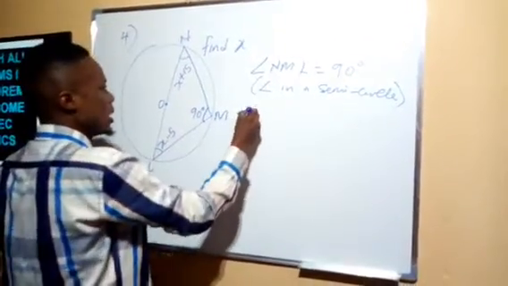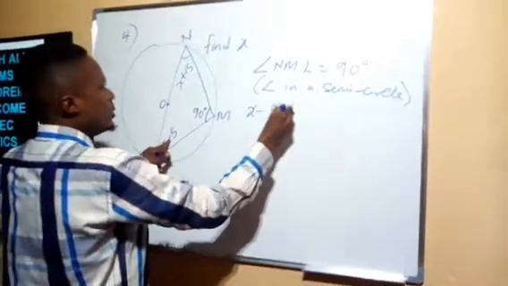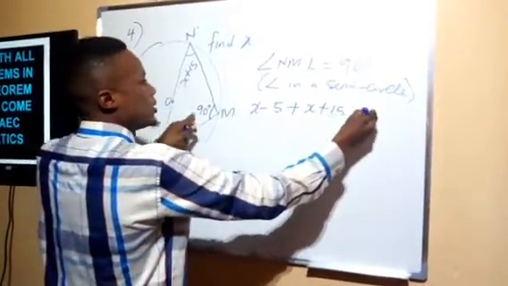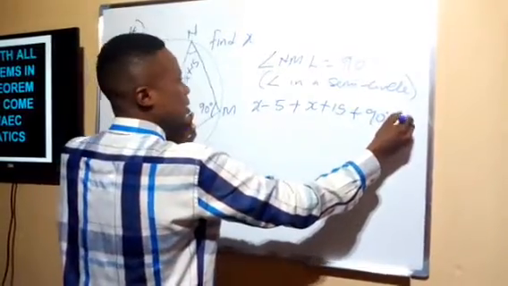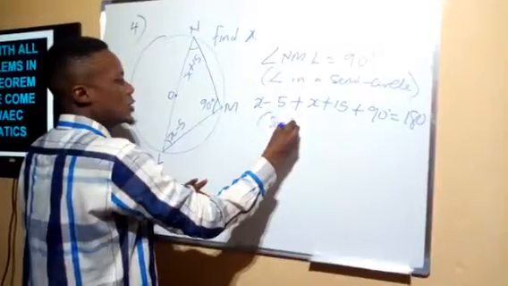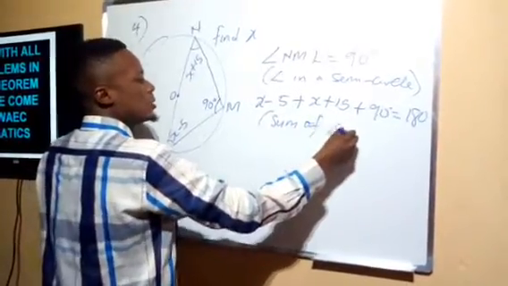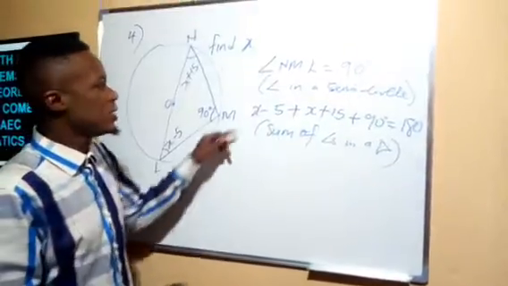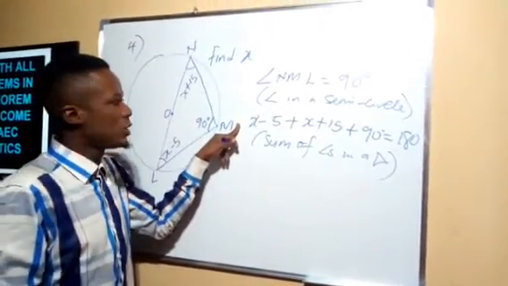So x minus 5 plus x plus 15 plus 90 degrees is 180 degrees, reason: sum of angles in a triangle. Okay, now this is a simple algebraic equation.